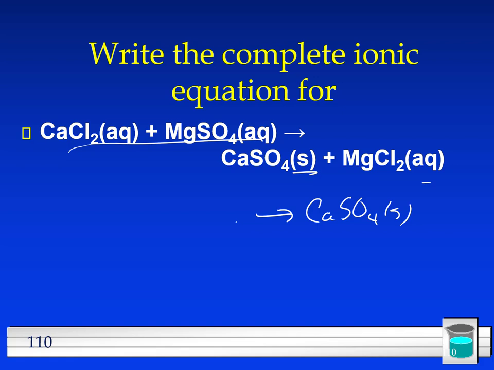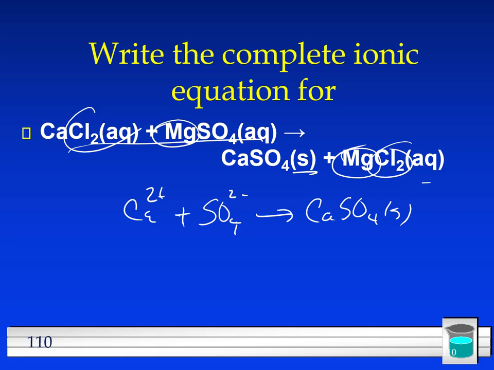What ions go into making that? Ca. And Ca always gets a 2 plus charge. Don't forget to make them ions. Otherwise it's not net ionic. And SO4 is 2 minus. And those are the ions that go there. What are the spectators here? Cl was in the aqueous, Cl was in the aqueous, Mg was in the aqueous, Mg was in the aqueous. So those are my spectators.